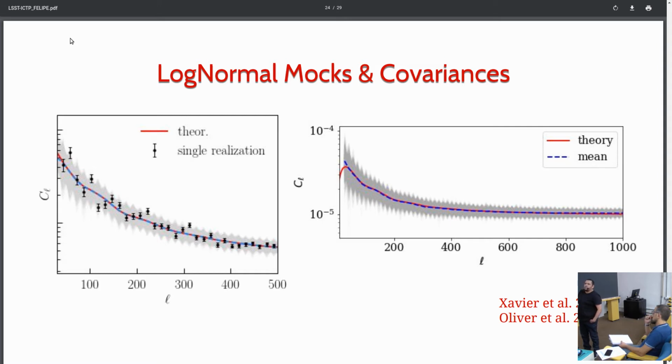So here I'm showing our new log-normal mocks. They came from the Henrique Xavier code, FLASK. And we show the consistency with the theory, and the mean of the data, and with each realization.